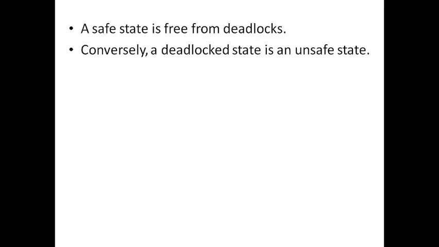We will discuss the actual implementation of the safe state and unsafe state calculation later, so it will become clear when you reach that. A safe state is free from deadlocks, whereas an unsafe state may be a deadlocked state. In other words, a deadlocked state is an unsafe state, but not all unsafe states are deadlocked states, because unsafe state only means that either a deadlock has already occurred or is yet to occur, but a deadlocked state is definitely an unsafe state.